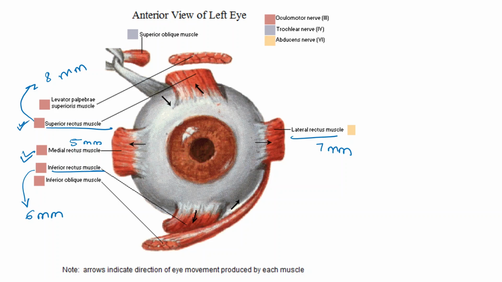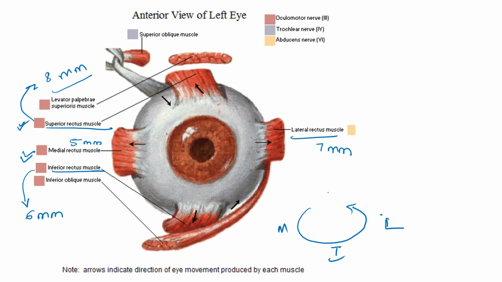The medial rectus is about 5 mm behind, then the inferior rectus about 6 mm, then the lateral rectus about 7 mm, and the superior rectus about 8 mm behind the sclerocorneal junction. So the attachment is in a spiral manner from medial to lateral.